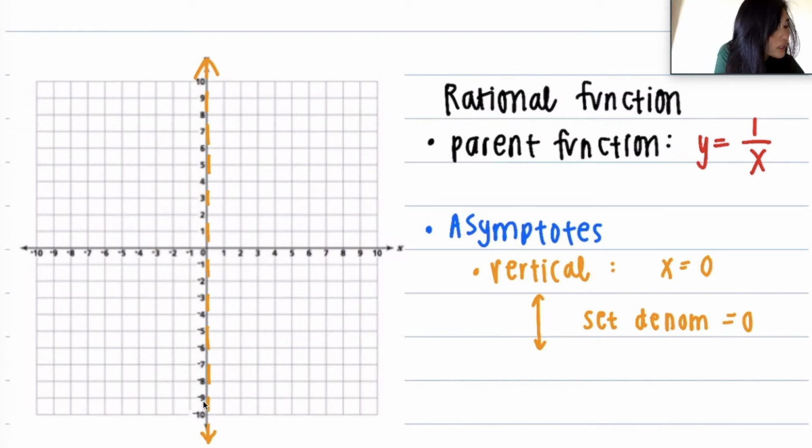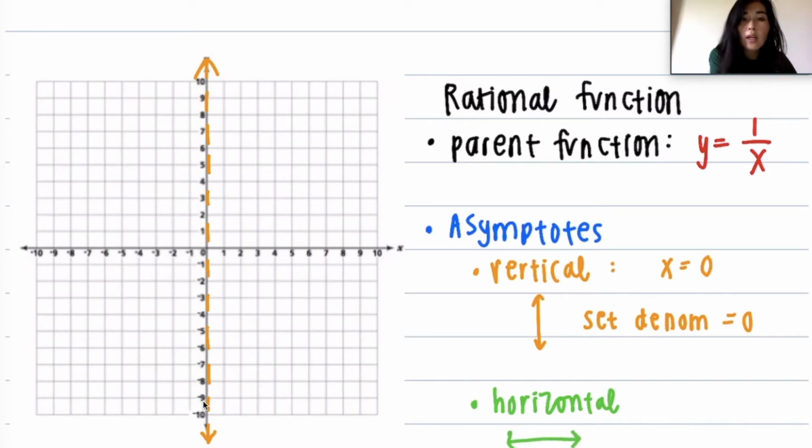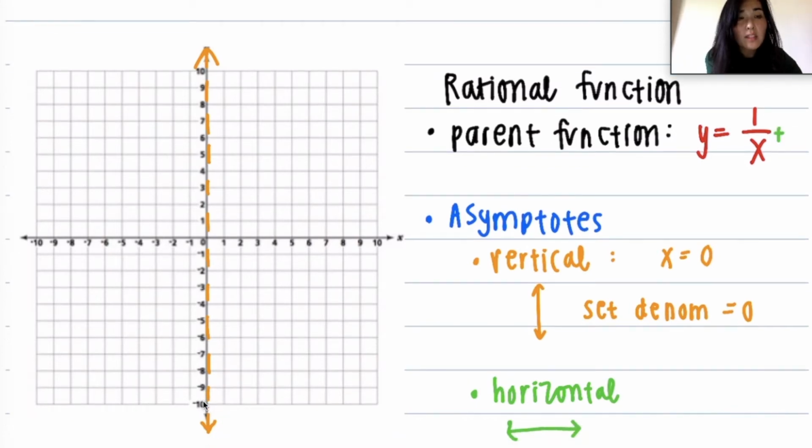All right, your second asymptote is going to be your horizontal asymptote. All right, horizontal going left to right. And so how you find this, it's the number that's added to this equation. In this case, you're going to notice that there's no number here. It's kind of like that y-intercept, that plus something. In this case, it's 0.